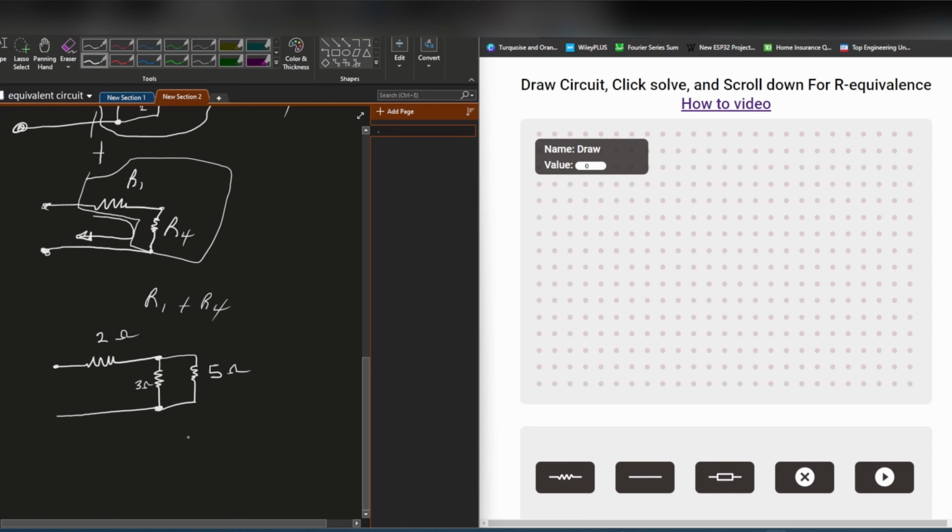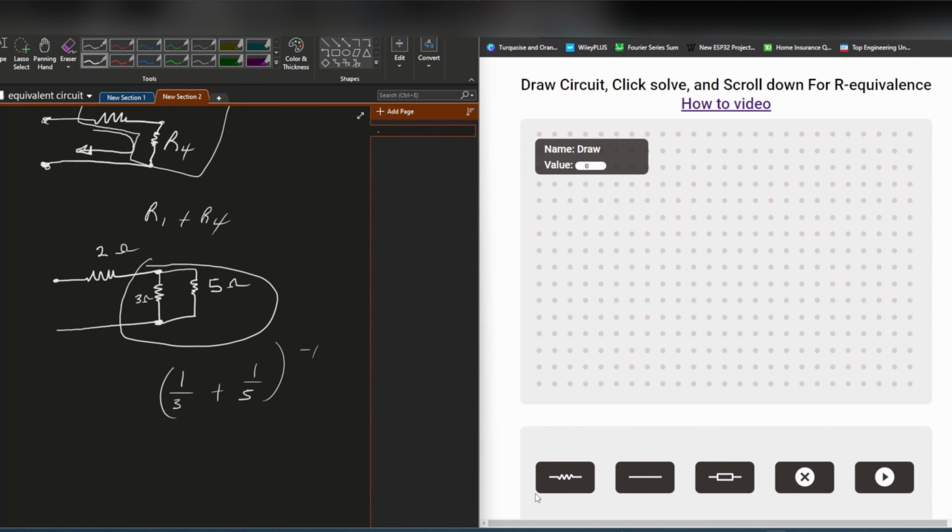Probably should have made them all 1, but we'll just go. So we'll go with our procedure. We know that this shares the same voltage, so they're in parallel. 1/3 plus 1/5, and then you invert it.